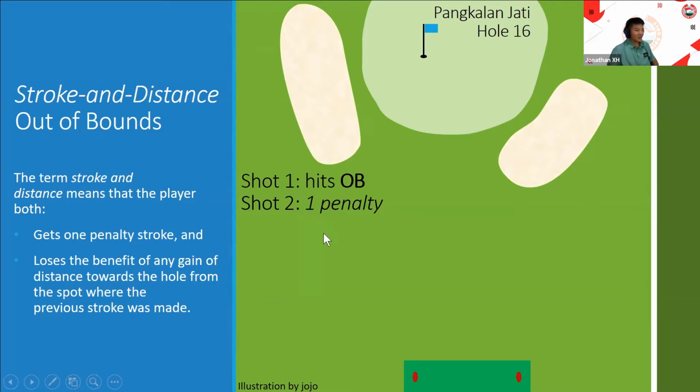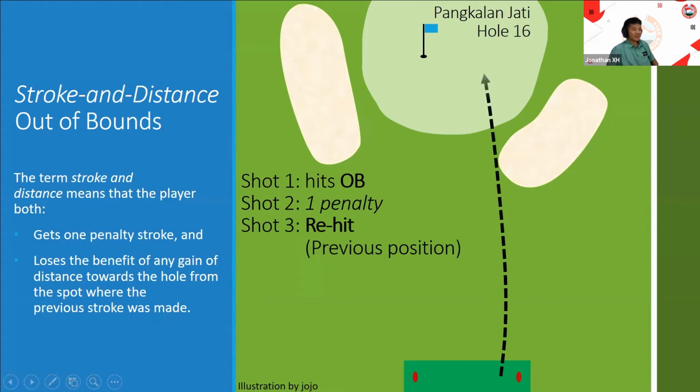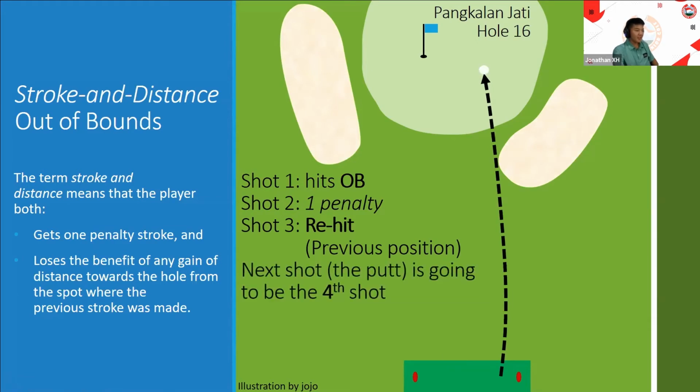So now you have shot 3, which is the re-hit. This is the distance part. You cannot drop it here where your ball went into the OB. You have to come back to your previous shot and re-hit that shot from your previous position. And to simplify the count, the next shot, which in this case will be this putt, about 5 meters away from the hole on the top of your screen, will be your 4th shot.